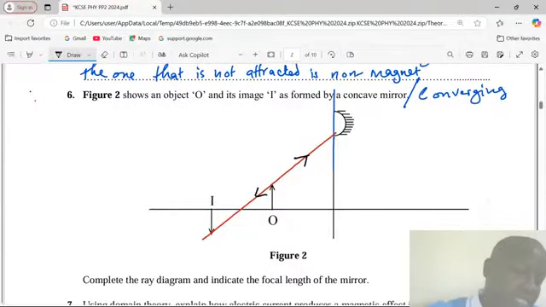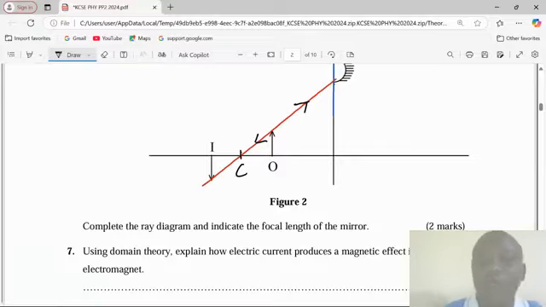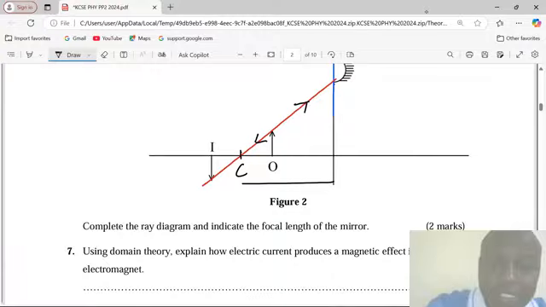So we will call this our capital C. With capital C, we have to divide it by 2, because this is going to be the radius of curvature, from the pole to where C is.